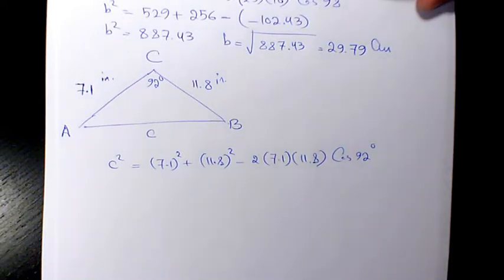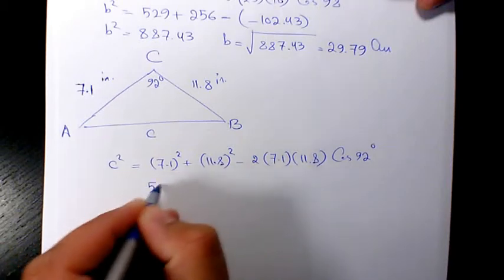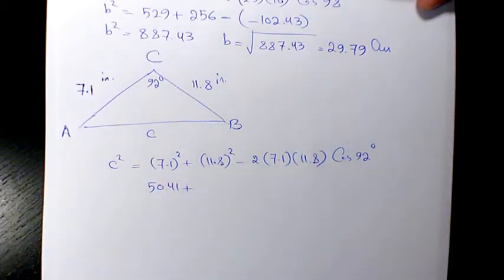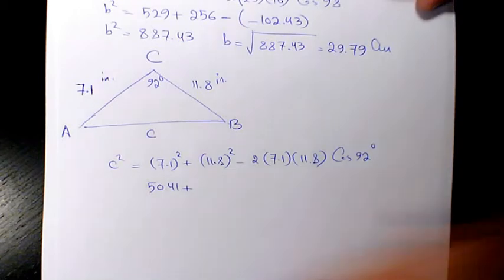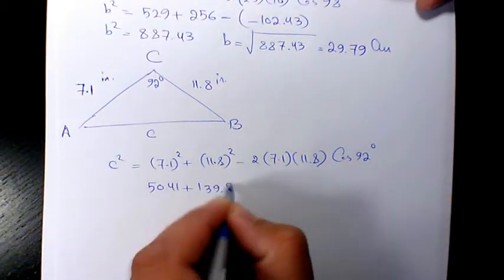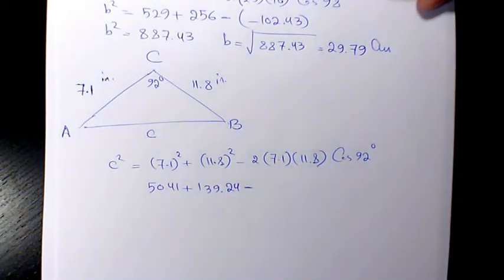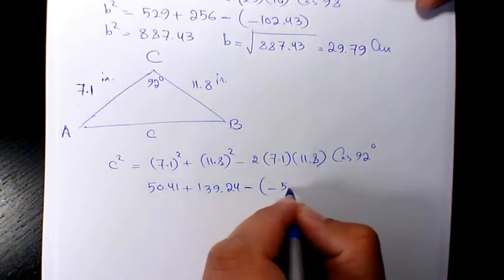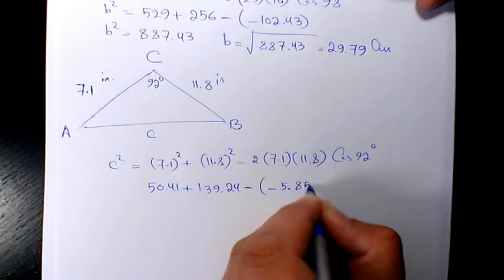So 7.1 squared is 50.41 plus 11.8 to the power of 2 is going to be 139.24. 2 times 7.1 times 11.8 times cosine 92 is going to be negative 5.85.